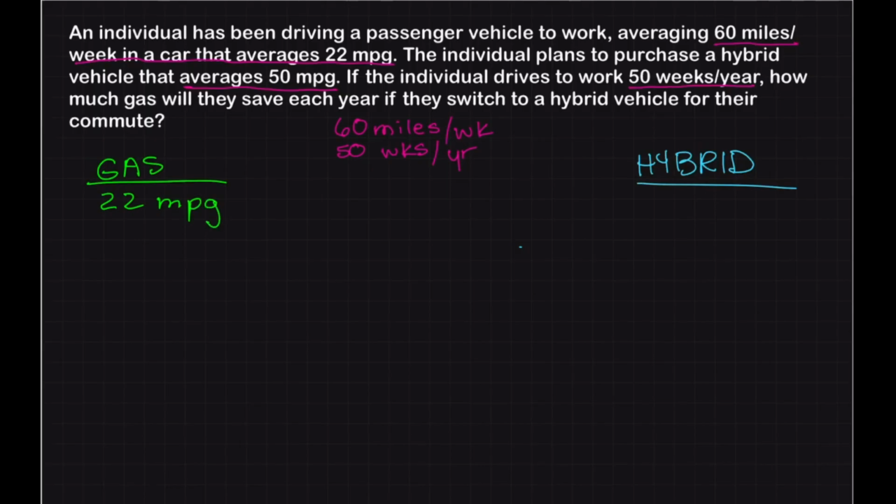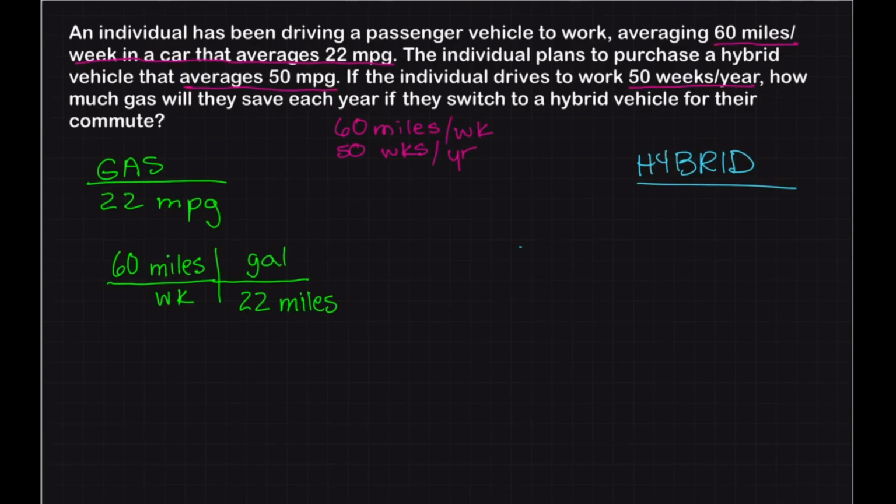Okay, so in this case, we want to see how many gallons a week they're going through. So we know that they're doing 60 miles per week, and they're getting 22 miles per gallon.